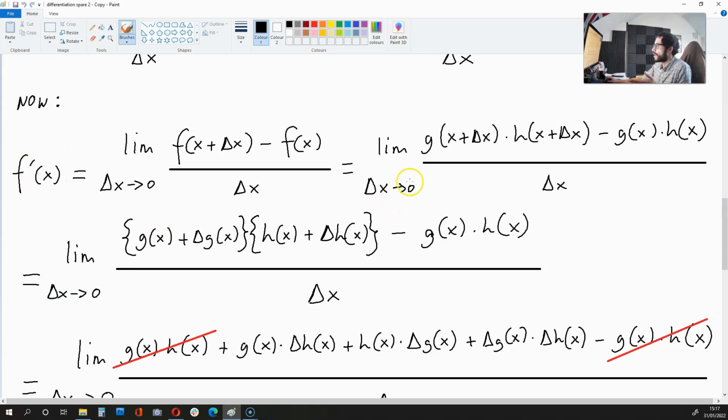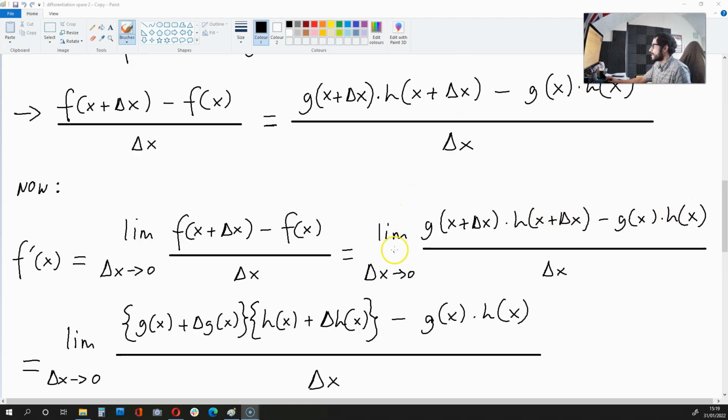So over here we've got the definition of the derivative of f(x), okay, which is this limit as change in x approaches 0 of f(x plus change in x) minus f(x) over change in x. Now if this is true over here, and according to our definitions at the top, then this over here must also be true, okay?